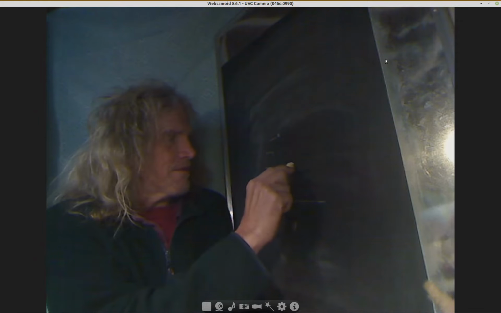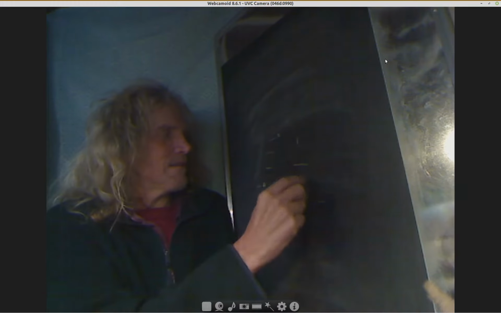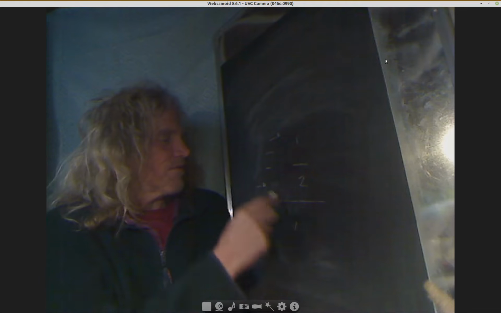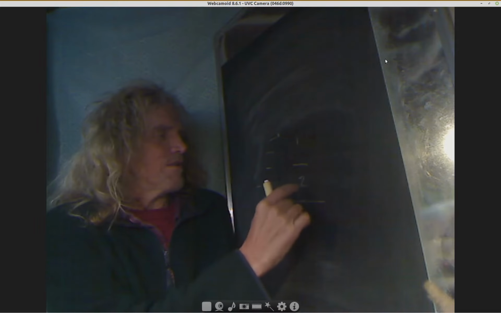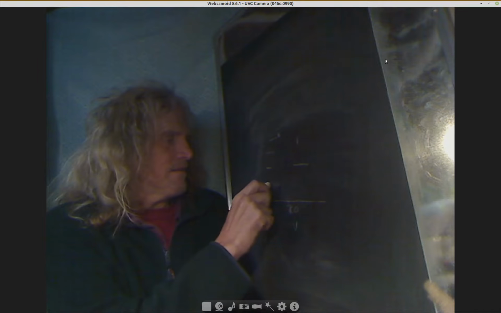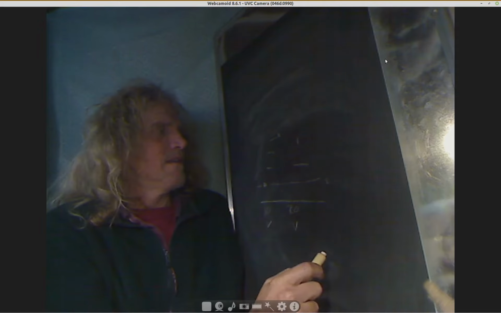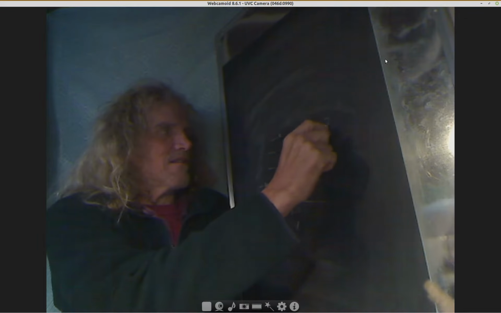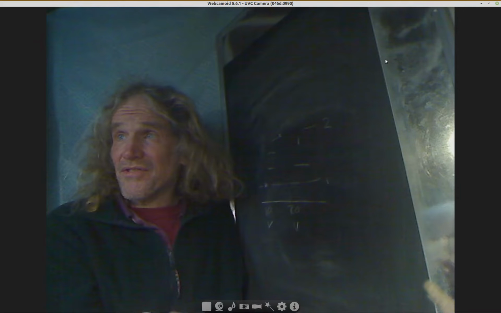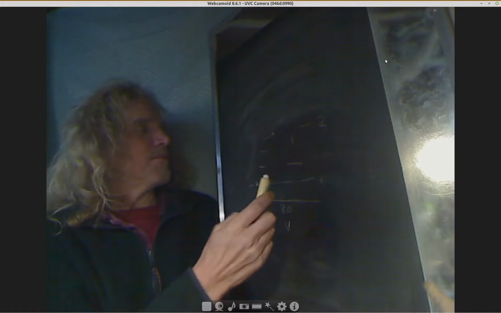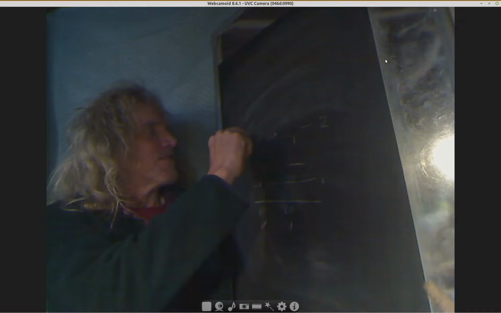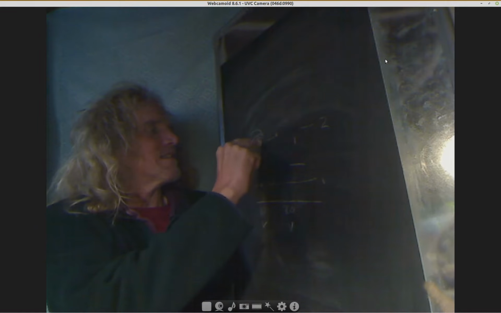Now the truth is, this will be 1 second and this will be 2 seconds. So this one will fall this distance in 1 second, and this will only be 2 seconds. So I would make the simple rational argument that gravity's putting force in at the same rate.